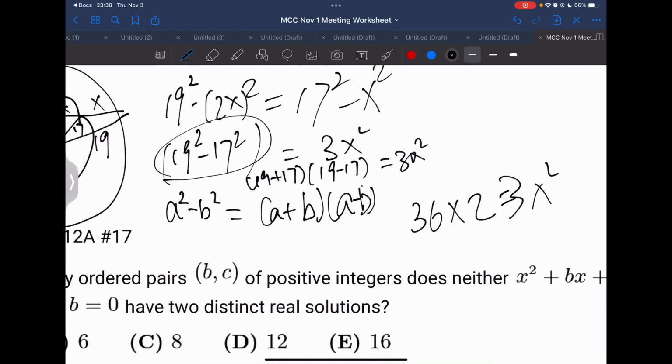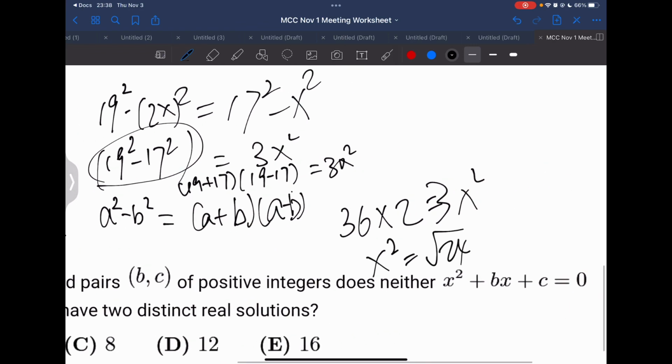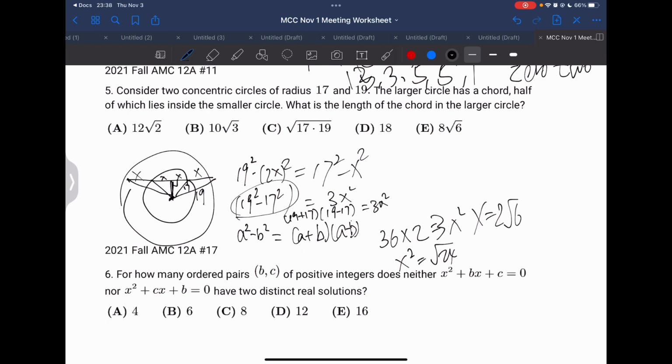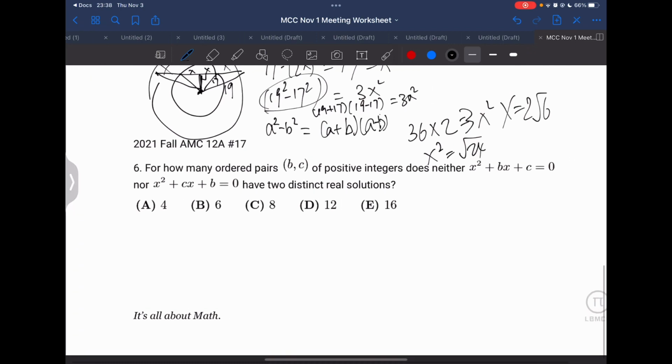And in this case, x squared equals 24, and x is 2 times the square root of 6. And the length of the chord of the larger circle is 4x, thus equals 8 times the square root of 6.